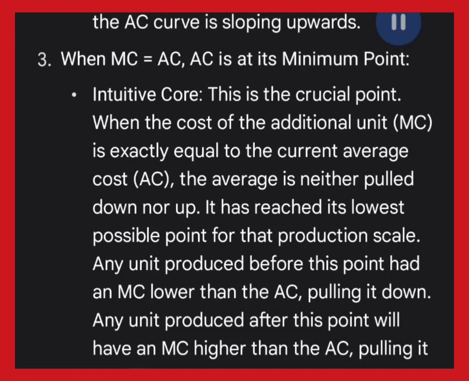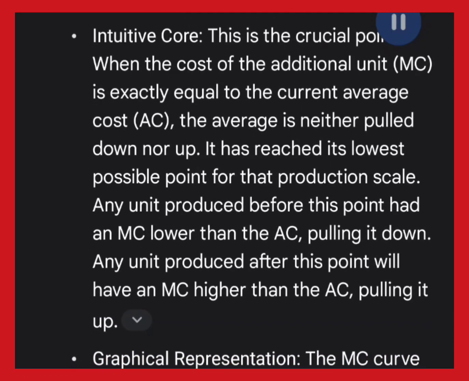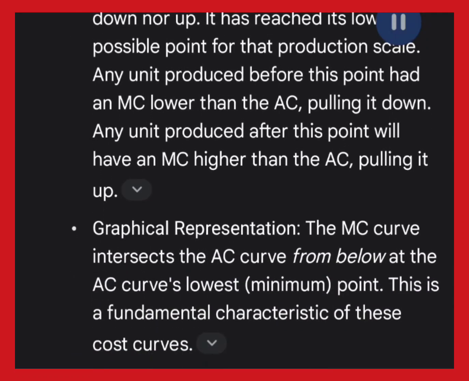Any unit produced before this point had an MC lower than the AC, pulling it down. Any unit produced after this point will have an MC higher than the AC, pulling it up. Graphical representation: the MC curve intersects the AC curve from below at the AC curve's minimum point. This is a fundamental characteristic of these cost curves.